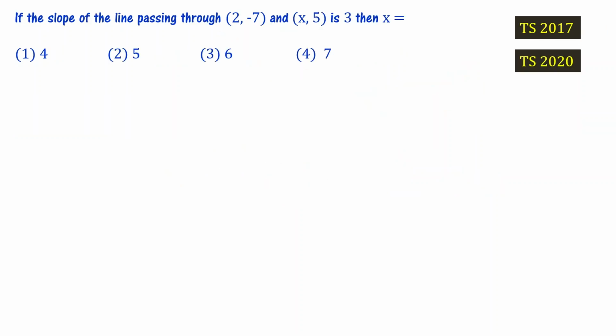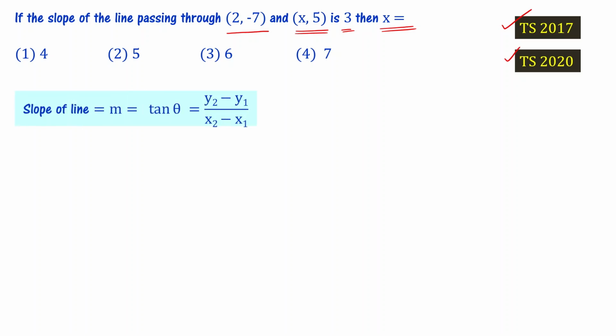If the slope of the line passing through (2, minus 7) and (x, 5) is 3, then what is the value of x, they asked. This was given in Telangana POLYCET 2017, and also in Telangana POLYCET 2020. We know the slope of the line passing through 2 points. That can be written as (y2 minus y1) divided by (x2 minus x1), right?